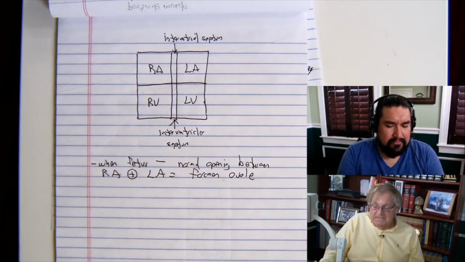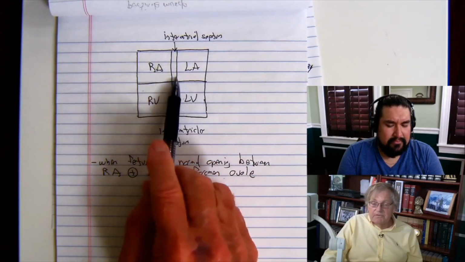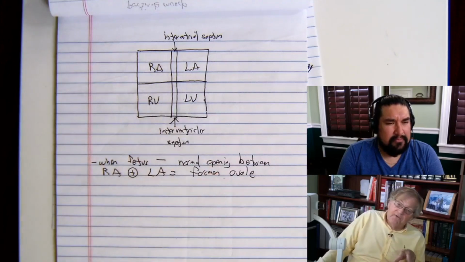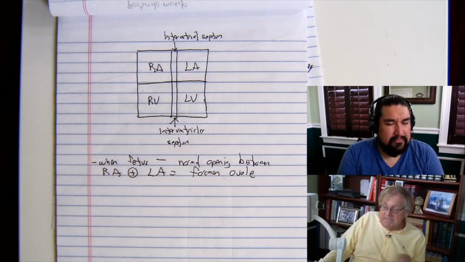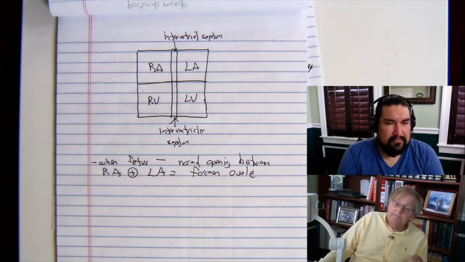That allowed mixing of blood between the chambers, because remember, my lungs were not functioning as a fetus, and therefore I was mixing my blood inside of my heart and using the placenta.